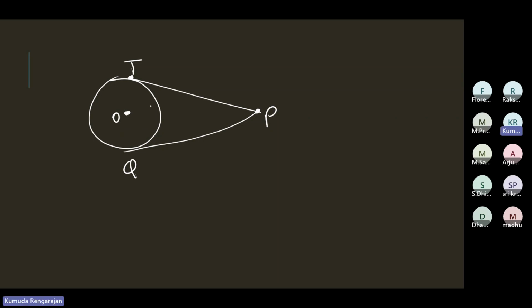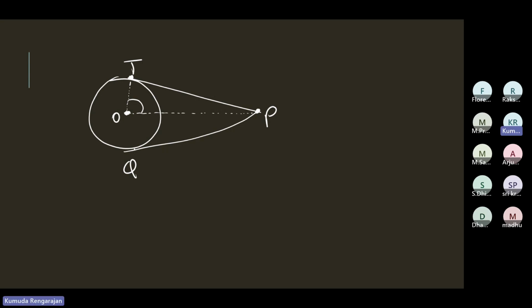So what you have to do is join the endpoints of the tangent to the center. Tangent is a line, children, but I told you this is a tangent segment. So join T to the center O and join the other endpoint P to the center O. Now this is the angle subtended by the tangent PT at the center.